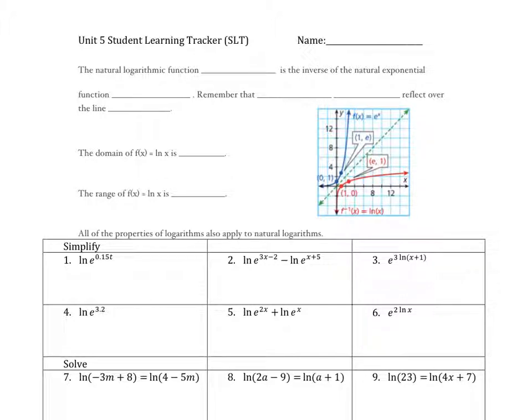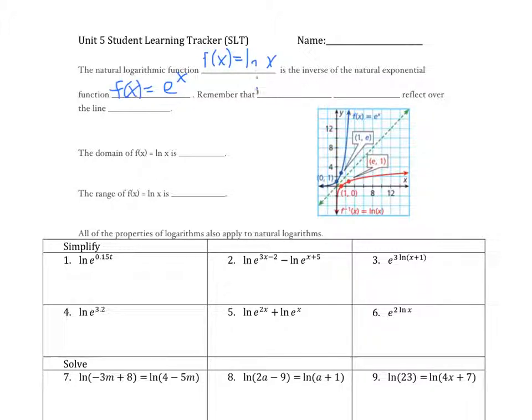The natural logarithmic function f of x equals the natural log of x is the inverse of the natural exponential function f of x equals e to the x.